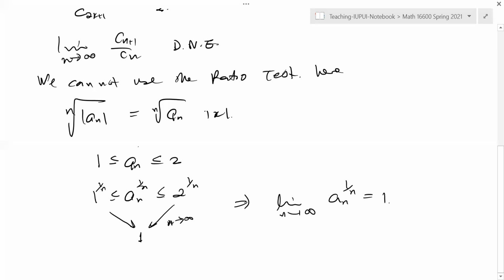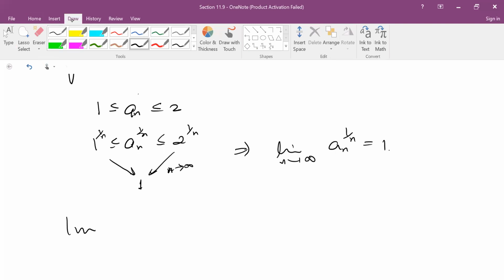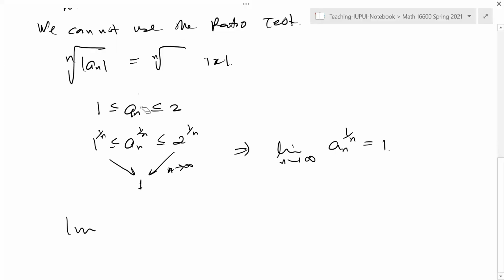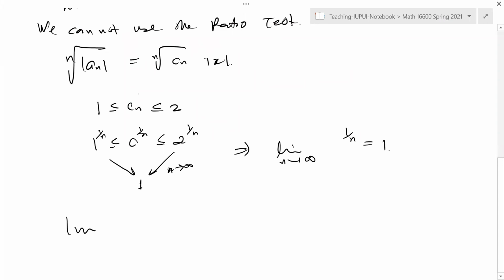Great, so this time we do find the limit. Sorry, I have to use c_n instead of a_n, the original. Sorry for that.